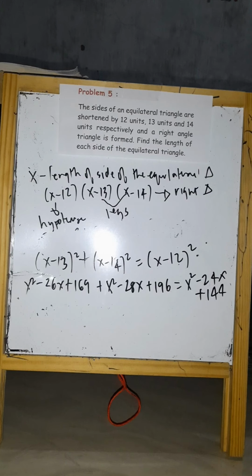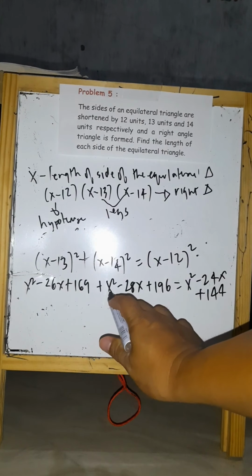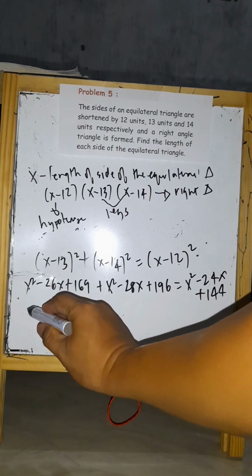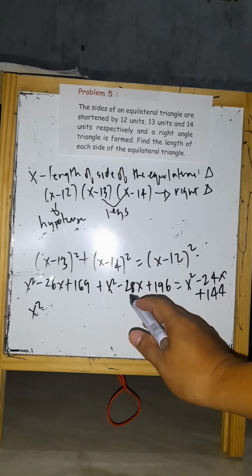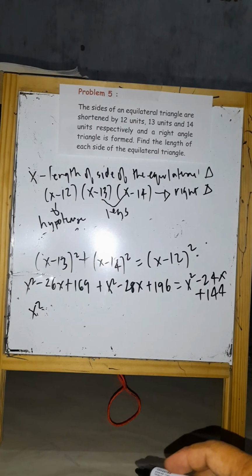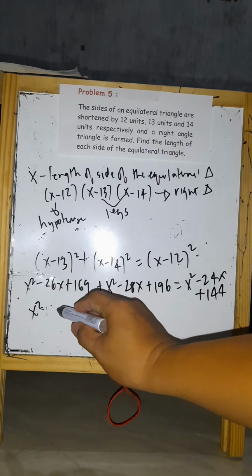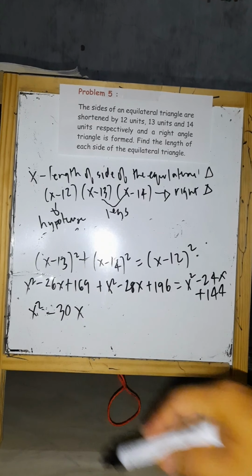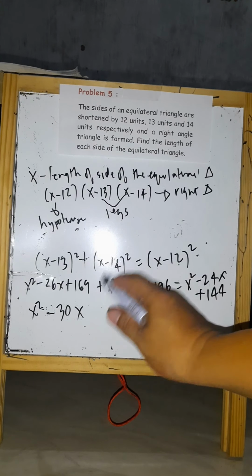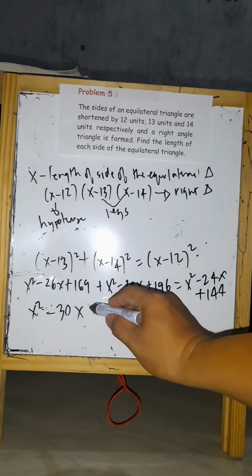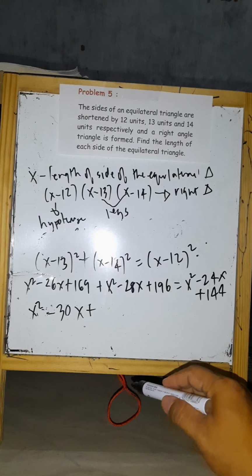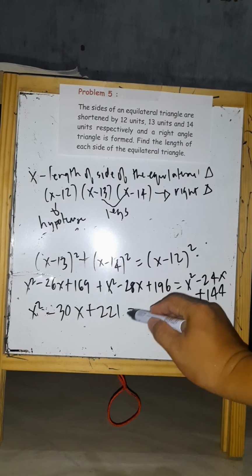And then adding or subtracting similar terms, x squared plus x squared minus x squared is x squared. Negative 26x minus 28x plus 24x is negative 30x. 169 plus 196 minus 144 is equal to 221, equals 0.